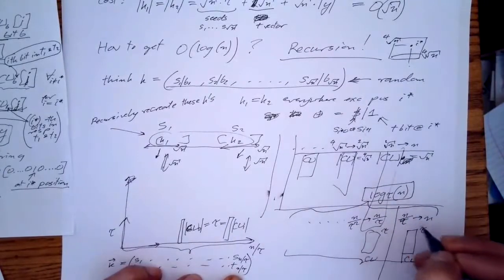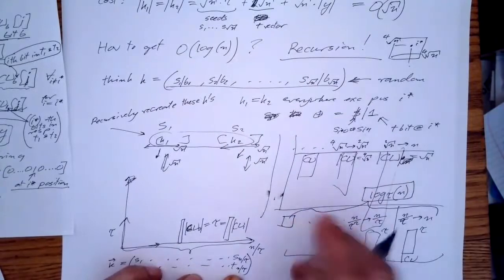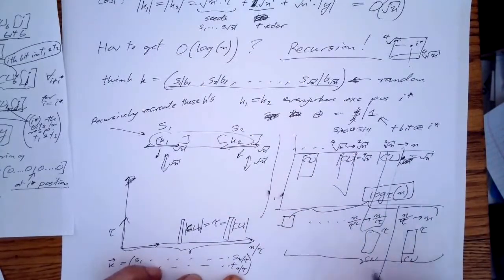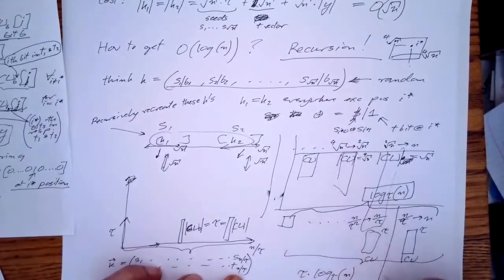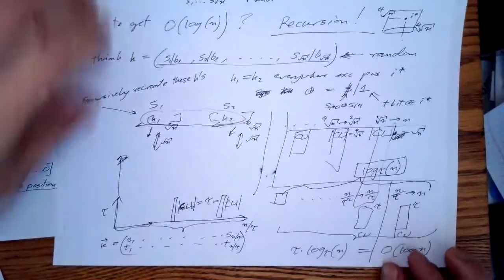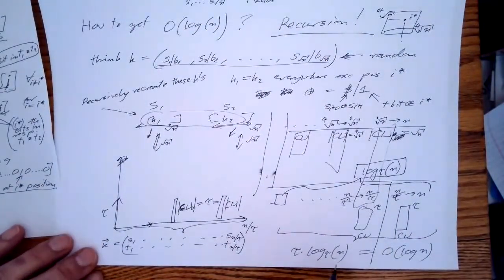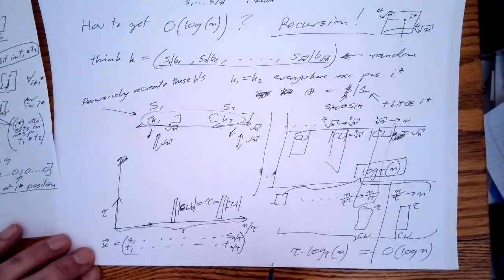Everything else is locally derived except for the first set of keys, but that can be arbitrarily small. So these CWs are tau times log base tau of n, which is log n. Okay. Did that convey any information?